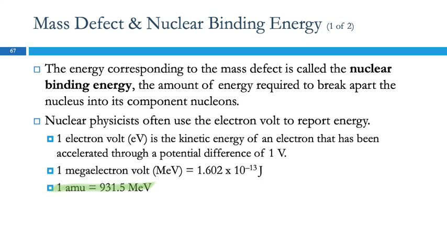You do not need to memorize that. So 1 atomic mass unit of mass is equivalent to 931.5 mega electron volts, which would be this number of joules times 931.5.